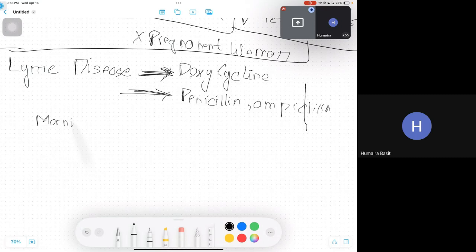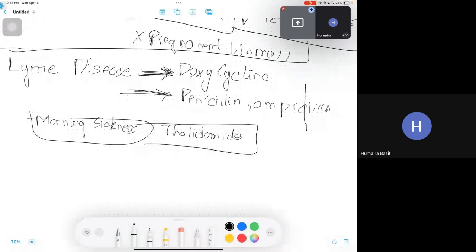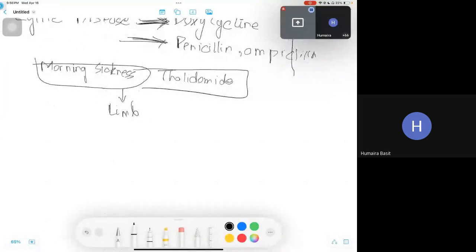Morning sickness means a little bit of nausea and vomiting, which is normal in pregnant women. In the 1950s, we started giving a drug known as thalidomide for morning sickness. But when we gave this drug, we came to know that the children were having limb defects. So now we don't give that drug.